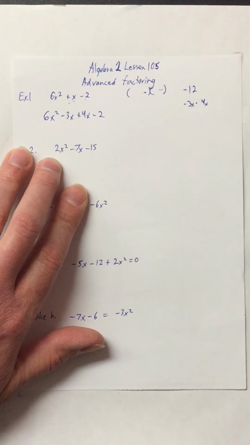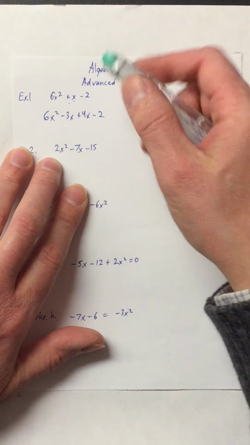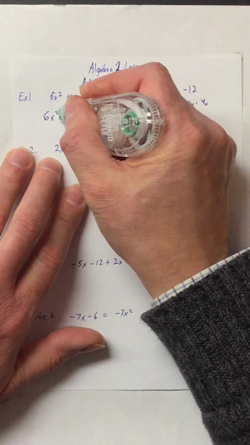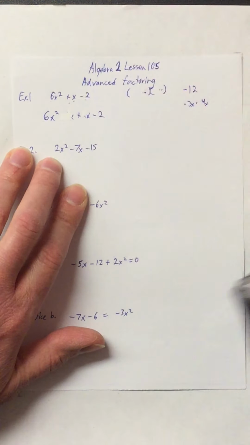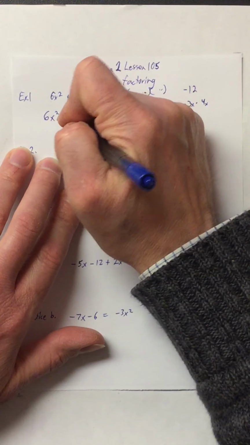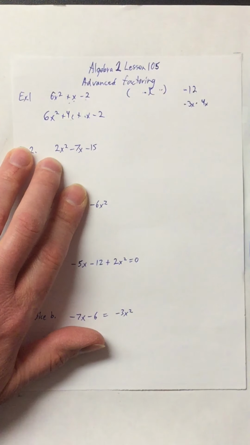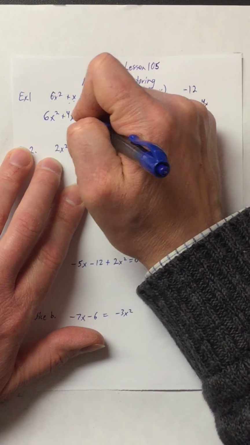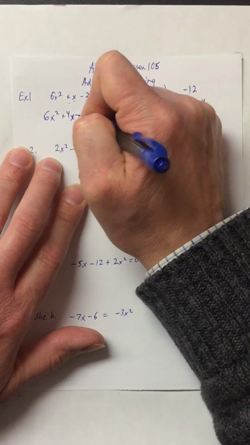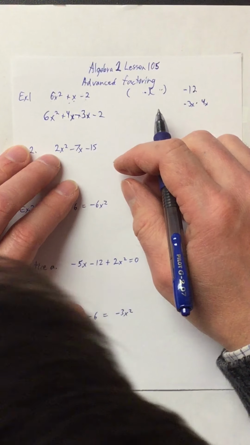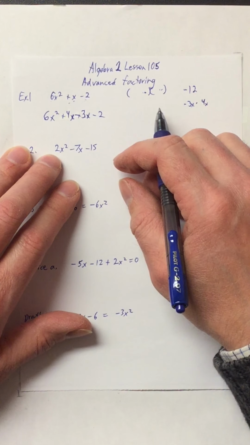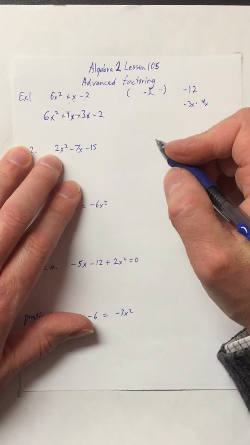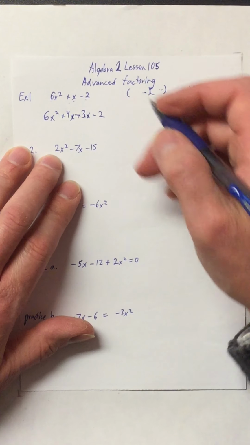Actually, I'm going to change this around a little bit. I'll put the 4 first. Plus 4x minus 3x. There we go. Okay, all right, so I put those in there.